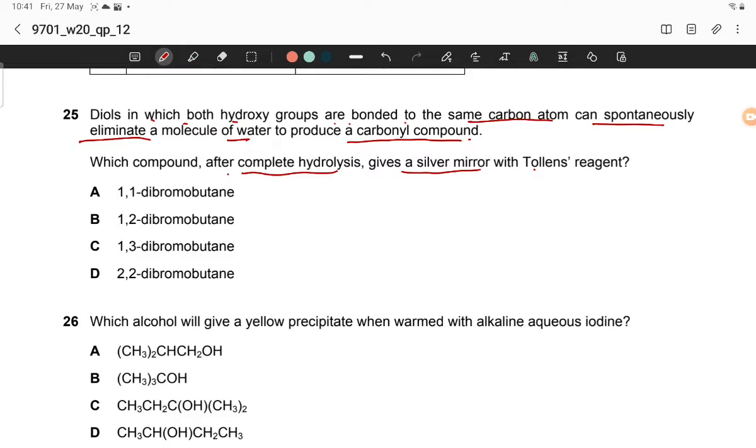It must be an aldehyde, which gives a silver mirror. 1,1-dibromobutane, 1,1.